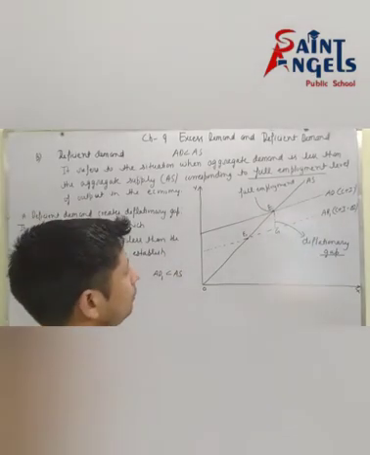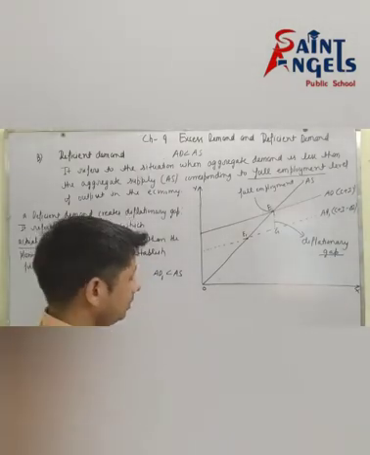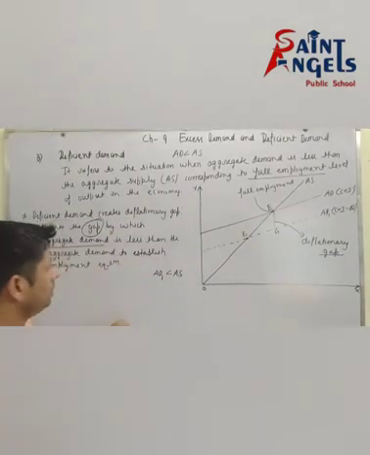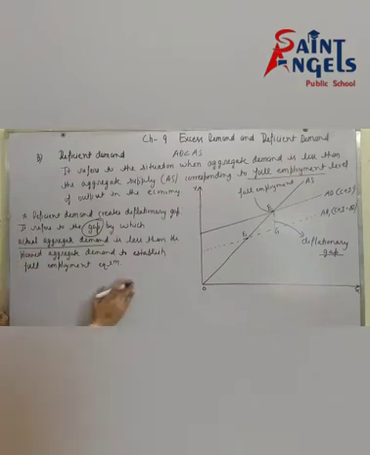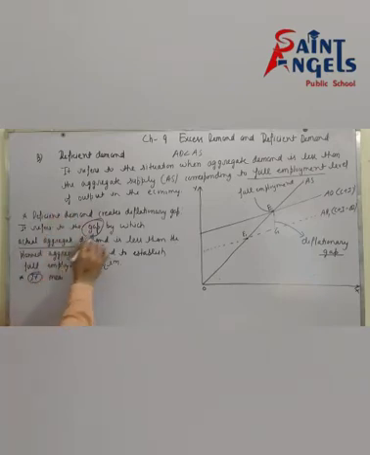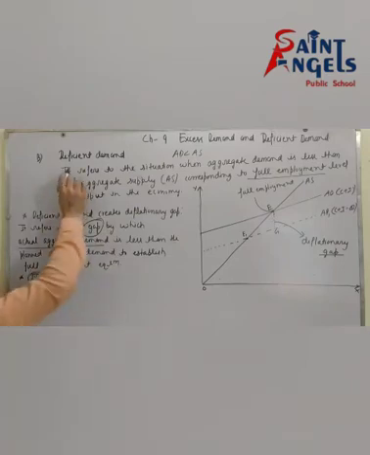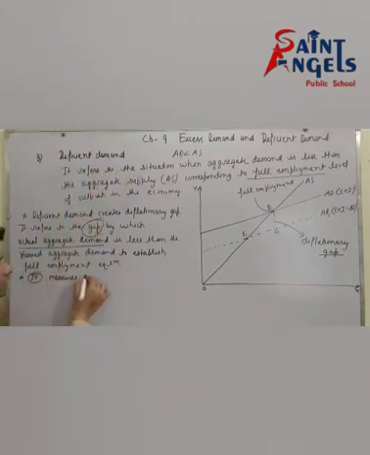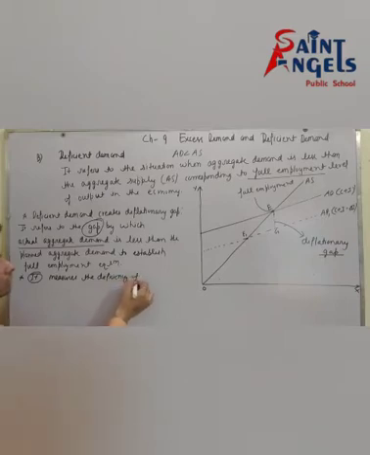After this you can write a star: it means deficient demand measures the deficiency of aggregate demand.